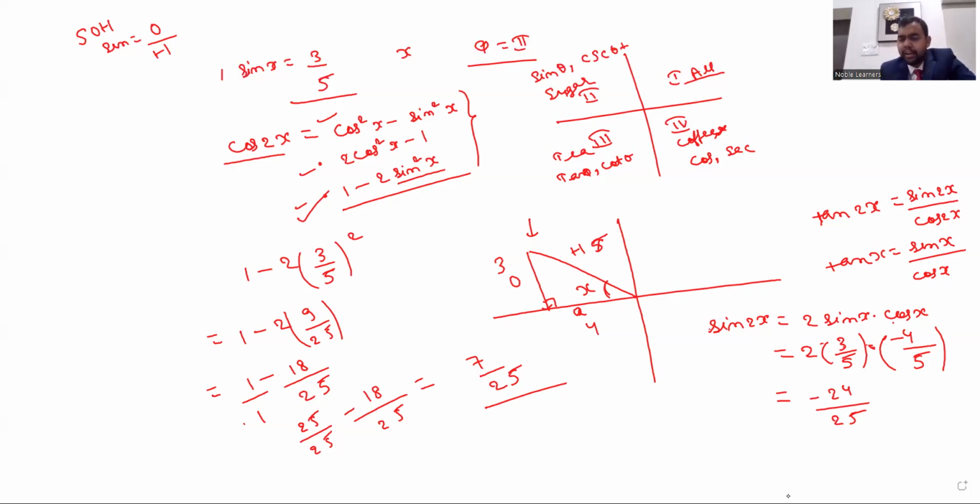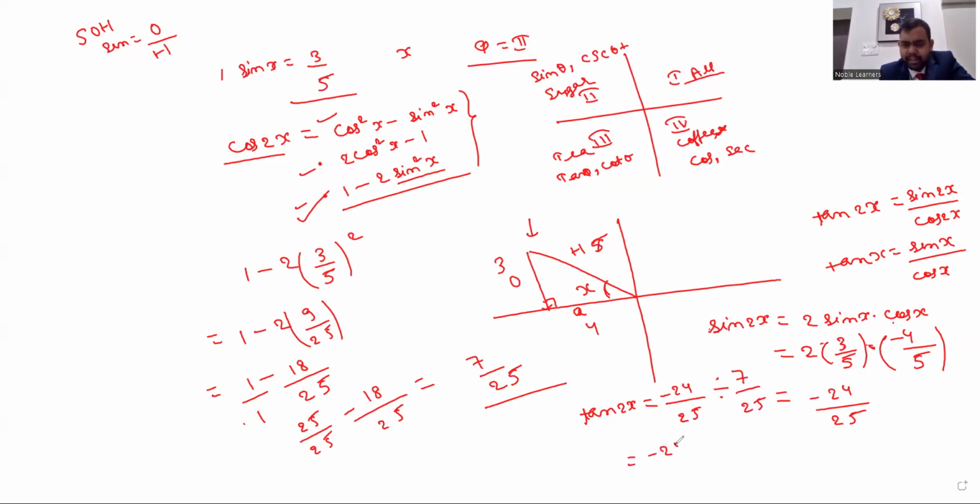Correct. And now we need tangent 2x. For finding tangent 2x, we need sine 2x upon cosine 2x. Sine 2x is negative 24 upon 25, divided by cosine 2x, which is 7 upon 25.